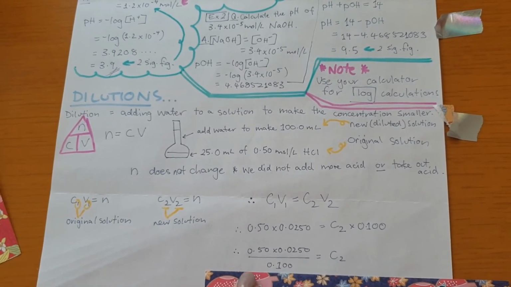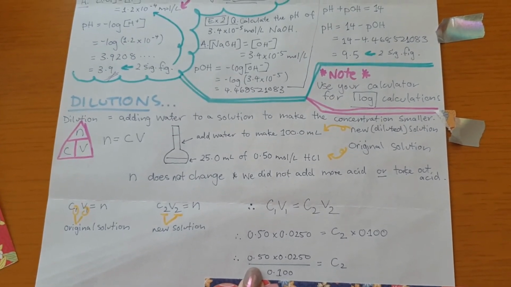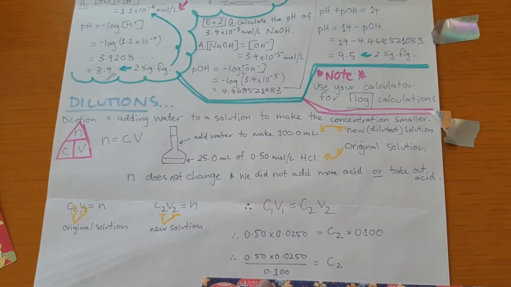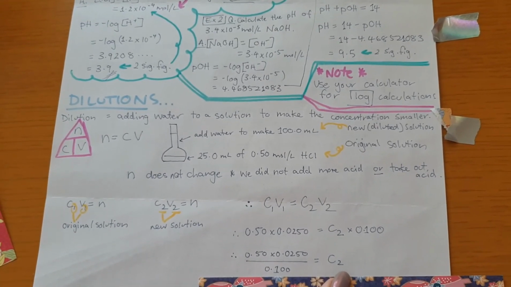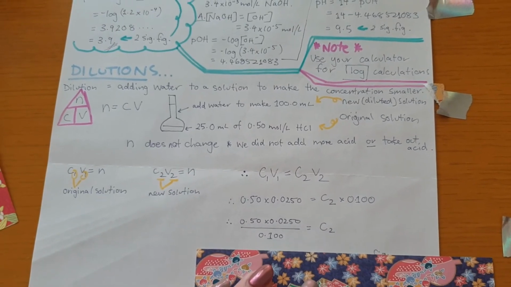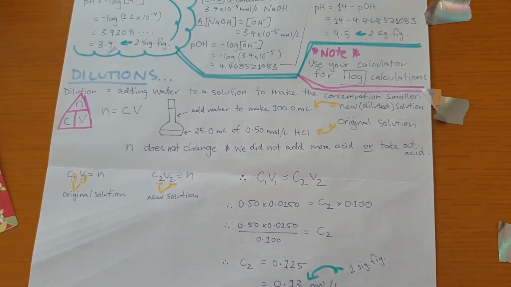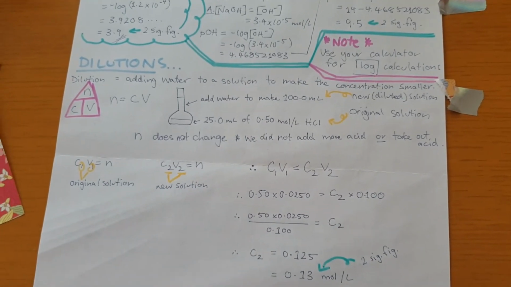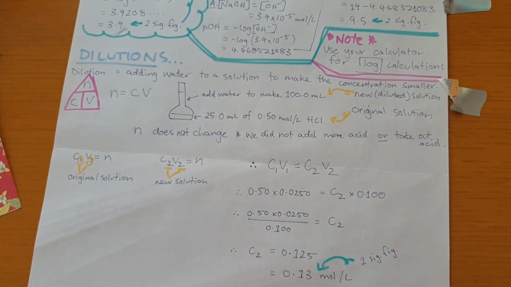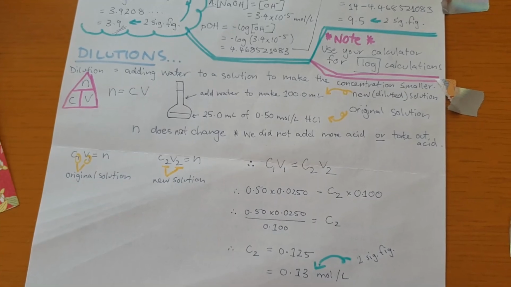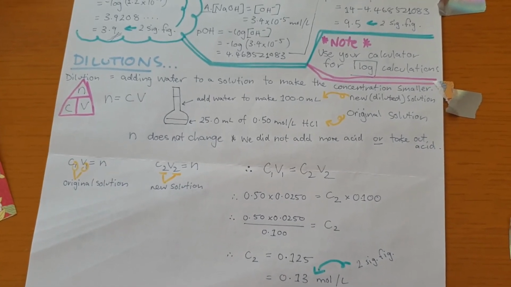So we end up with 0.50 times 0.0250, all divided by 0.100. And that's going to give us our second concentration, or our new concentration. And here is the answer there. Now remember, at the end, always check your significant figures. So our final answer is 0.13 moles per liter.